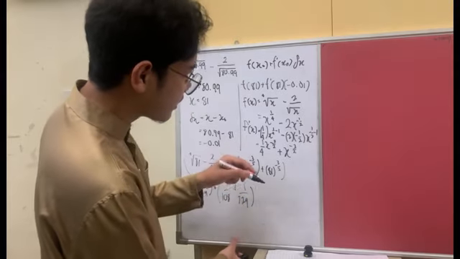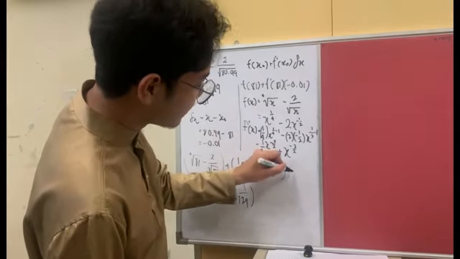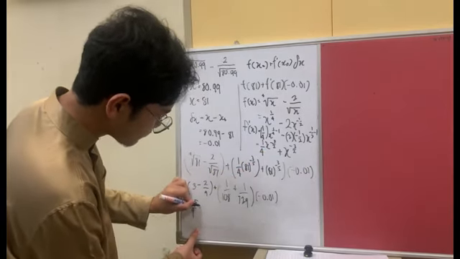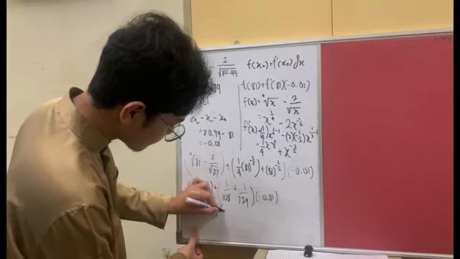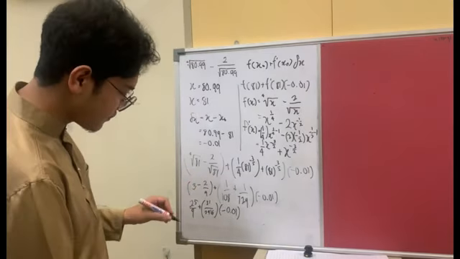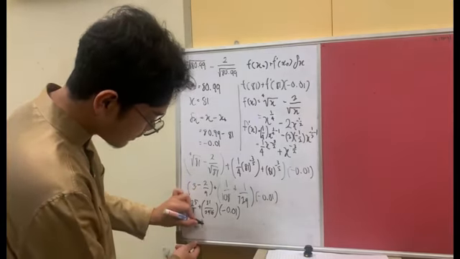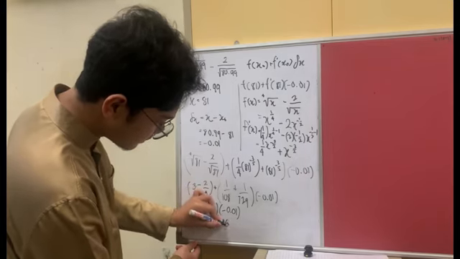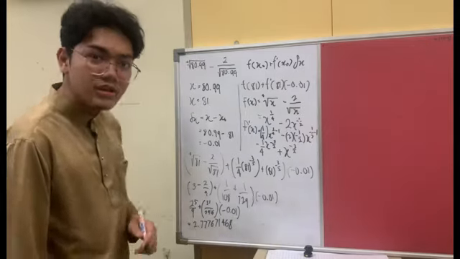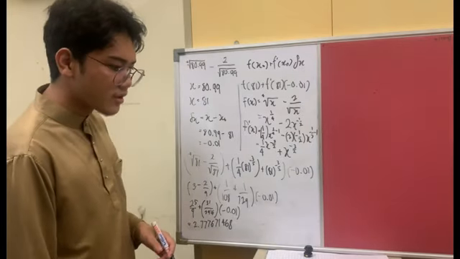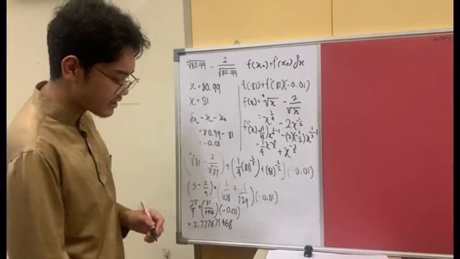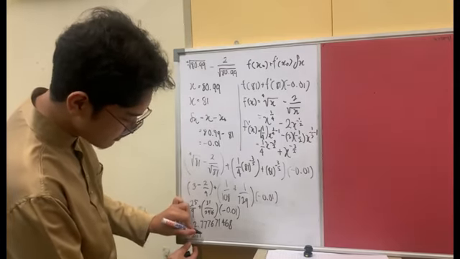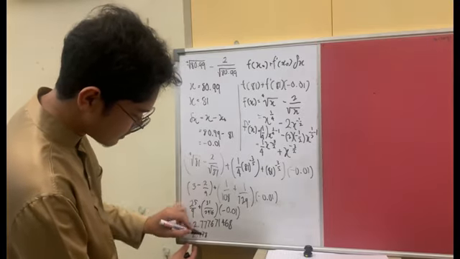And finally, we can multiply it with the dx value. For the final answer, we will get 2.77671468, and then you just need to correct to 3 decimal places, and it's 2.778 as the final answer.